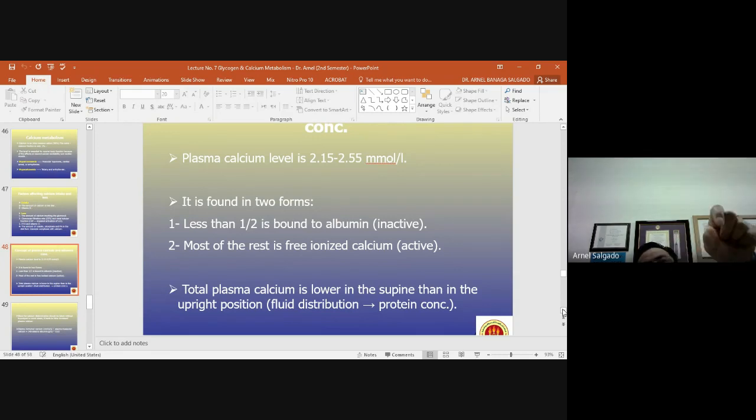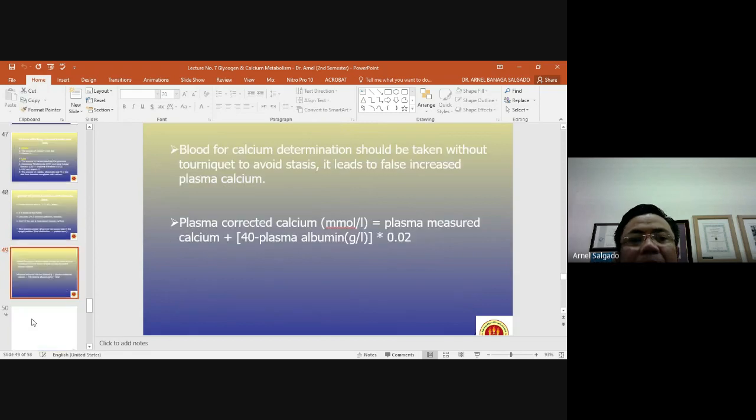When you withdraw the blood, the person must be in an upright position, sitting down, not lying down. Because if the person is lying down, the plasma calcium is lower, so there will be an inaccurate reading. All right, moving forward.